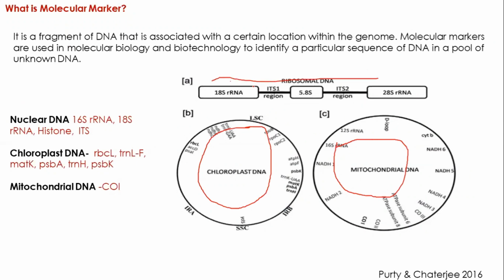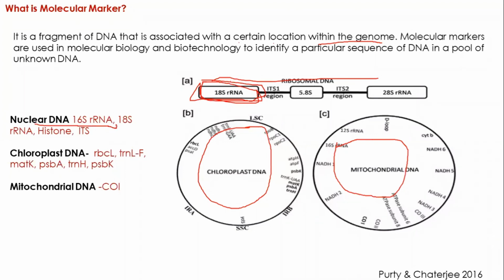Any region which is available here, for example 18S rRNA, if you are going to use it for studying the microbial community, can be called a molecular marker for that particular group. So it is a part of a genome, located at a certain location within the genome.